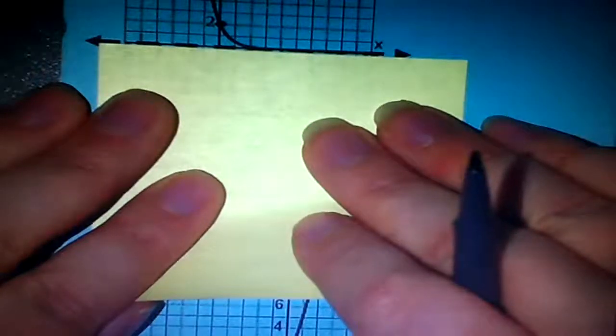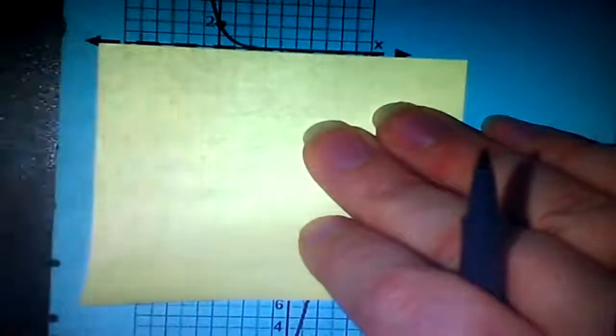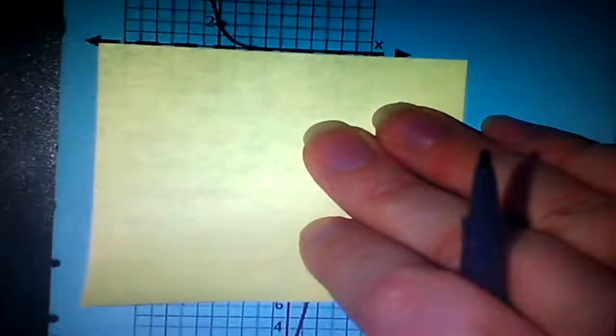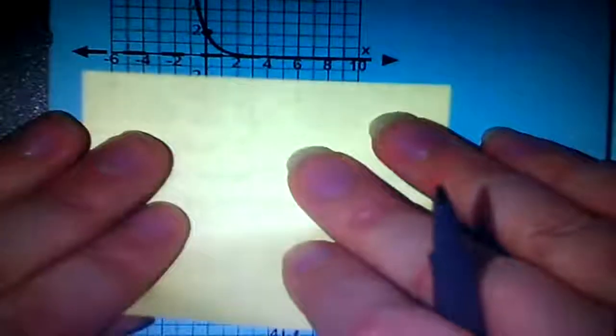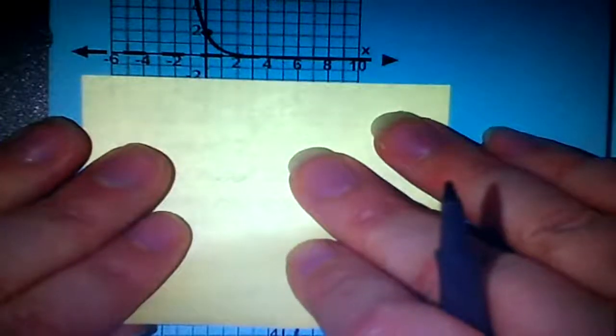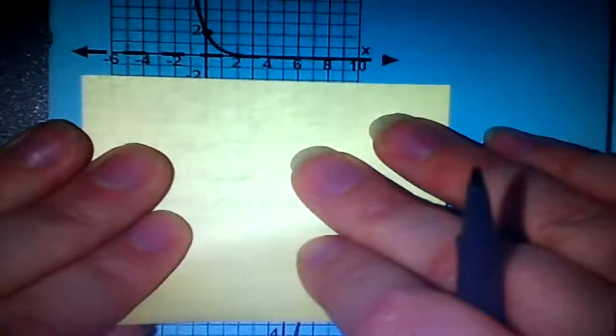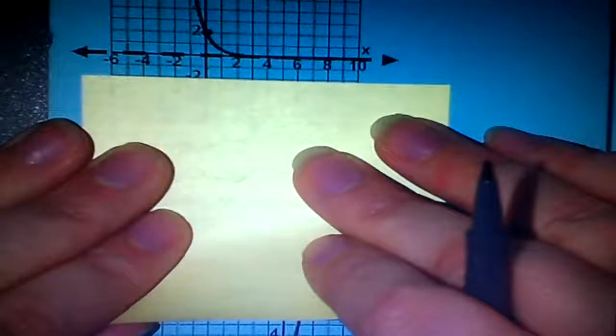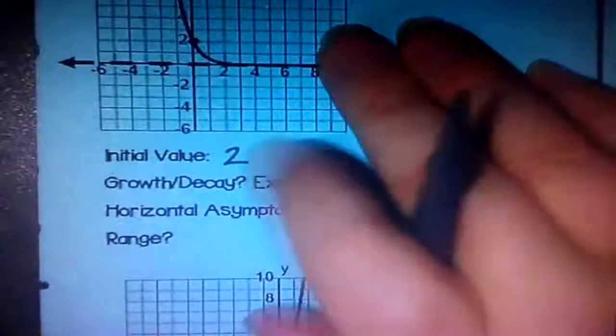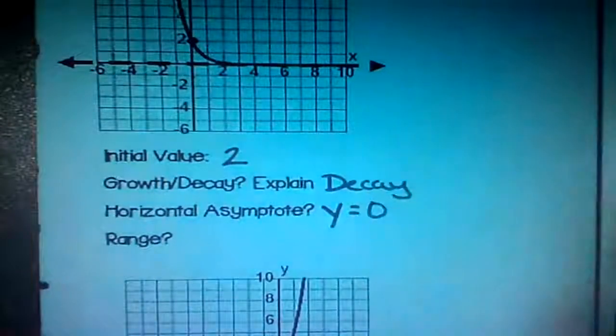I said 0. -2 is clear down here. My line's not even close to -2. So it's leveling off at y equals 0.